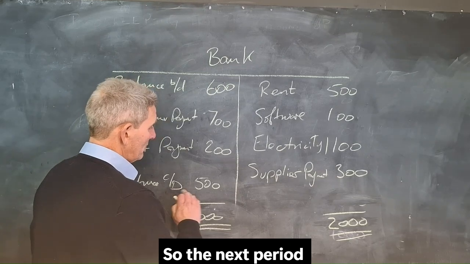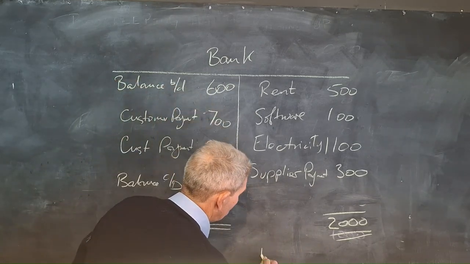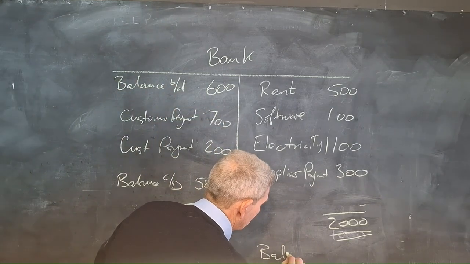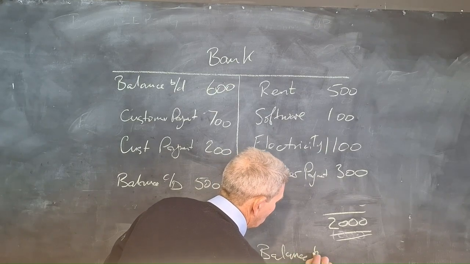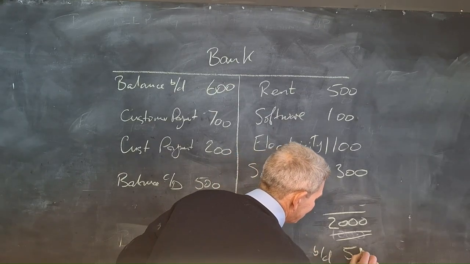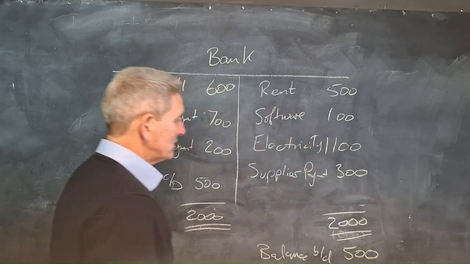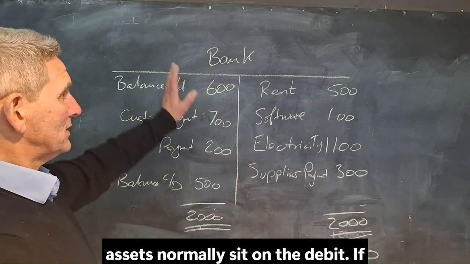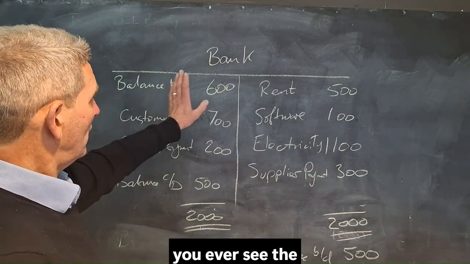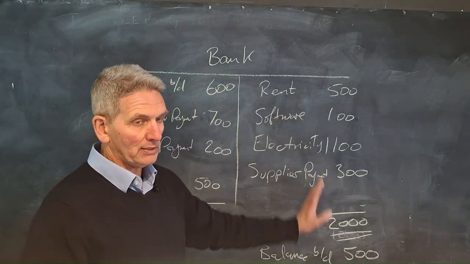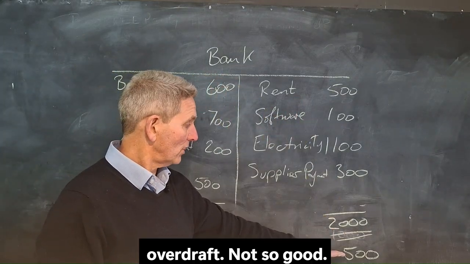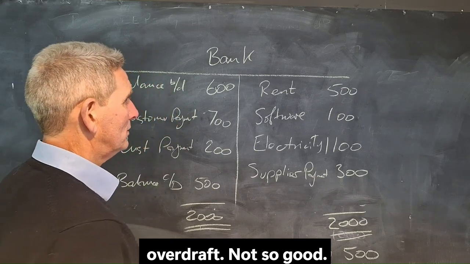So the next period, it'll flip over to the other side and become the balance brought down on the credit side, which is the wrong side for an asset. Assets normally sit on the debit. If you ever see the bank sitting on the credit side, that's an overdraft. Not so good.